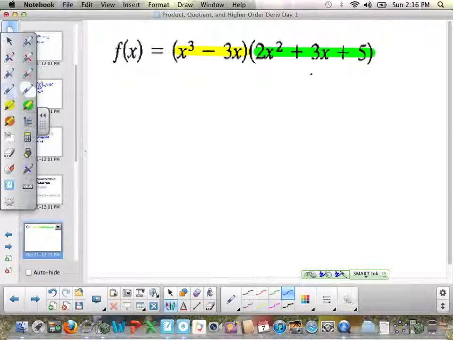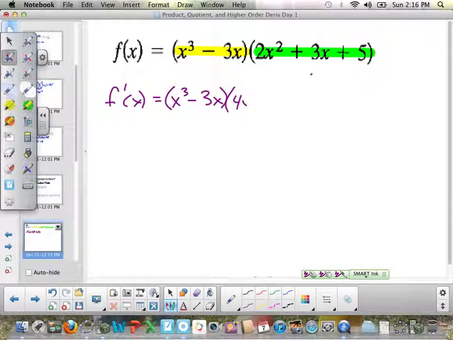Well, the product rule, when I'm multiplying two functions, to take the derivative, I'm going to take the first function times the derivative of the second function. So the first function I'm just going to leave alone in this first step. I'm going to multiply that by the derivative of the second one. 4x plus 3 plus, now I take the second one and leave it alone. 2x squared plus 3x plus 5, and then take that times the derivative of the first.